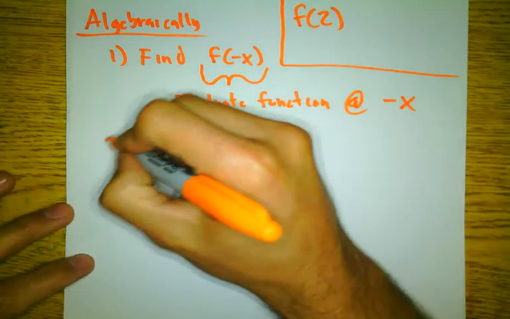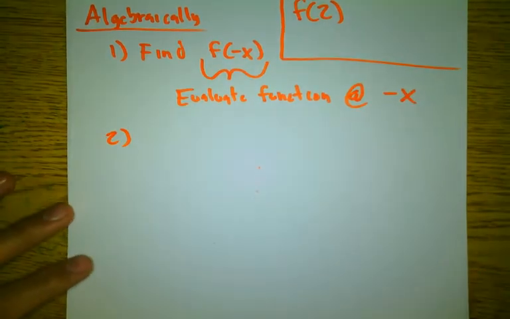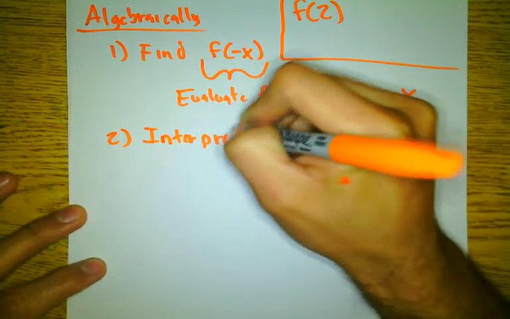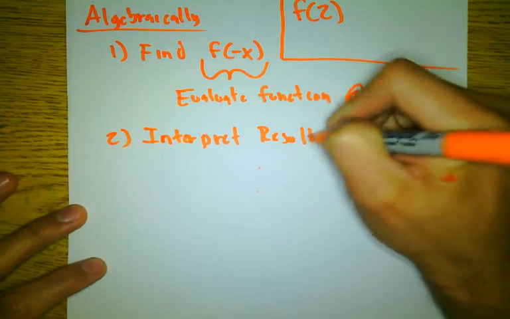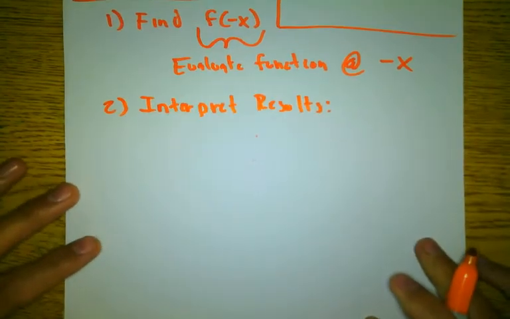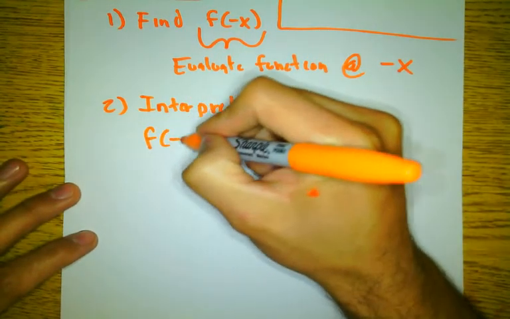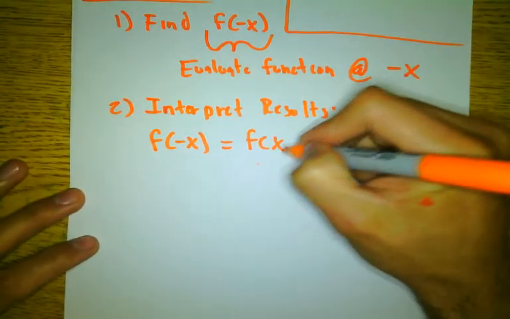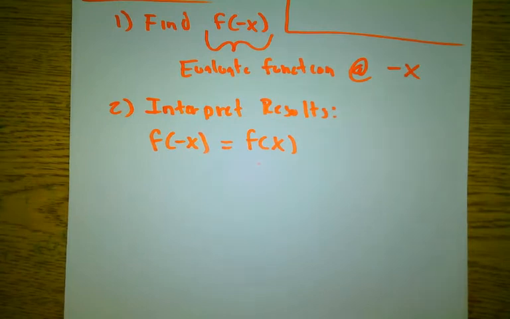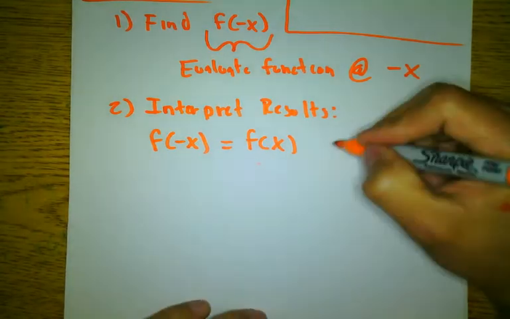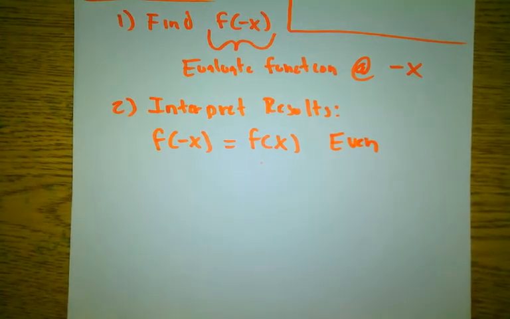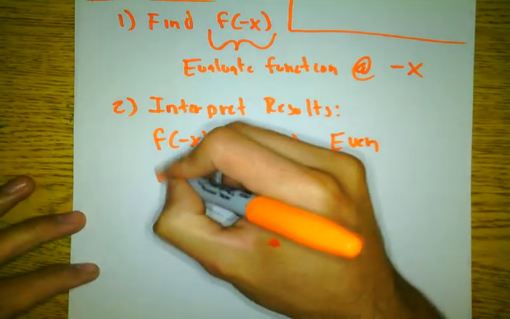Step 2 is you're going to interpret the results. Okay, and I'll tell you what that means. Interpret the results. Which means, here's what's going to happen. Let's say you put in f of negative x, and you get back the original function. Like, it looks exactly like the original. If that happens, you have an even function. Okay? Or scenario number 2.